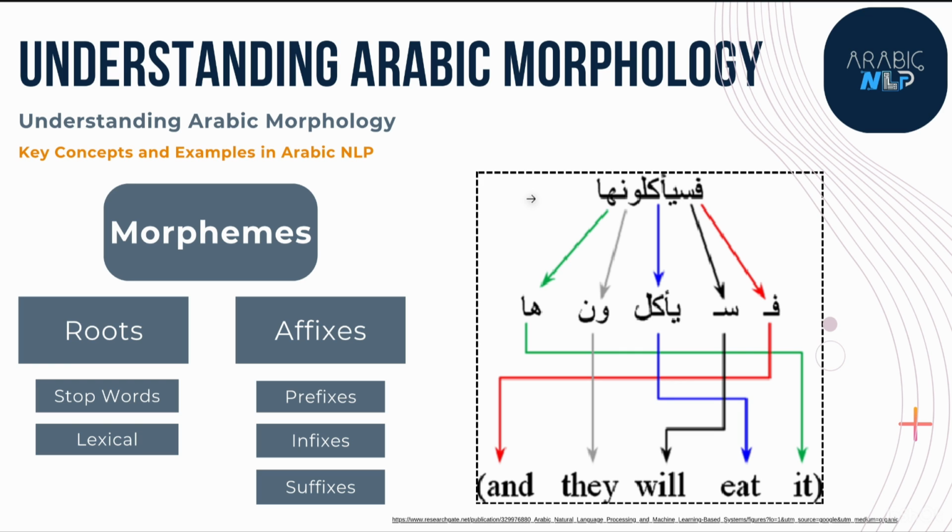Before I start, I would like to show you how complex Arabic is. We have this one word, which means in English "and they will eat it." In one word, we have the prefix, the suffix, the infix, and everything might represent the tense, or whether we have one person or a group of people.